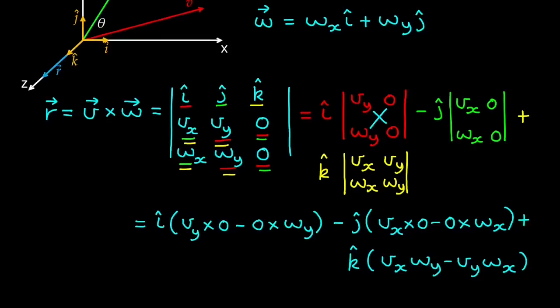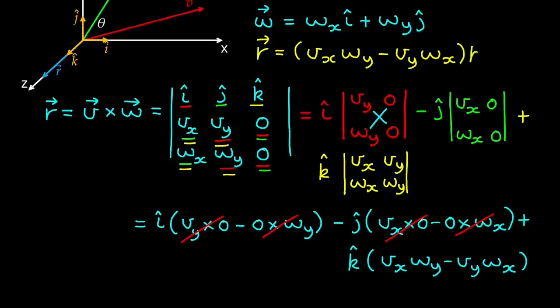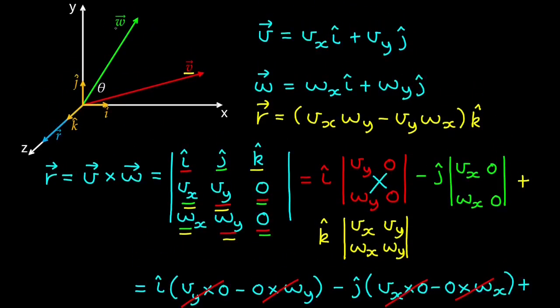So therefore these terms are all 0, and the resulting vector r is as follows. So it only has a component that's perpendicular to both vectors v and w. So it must point in a z direction.